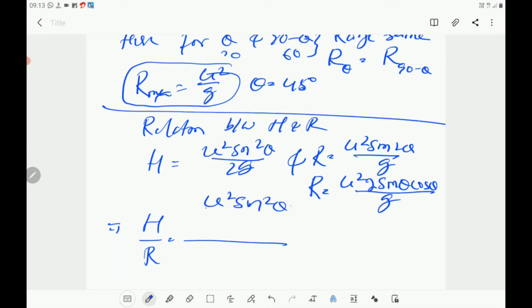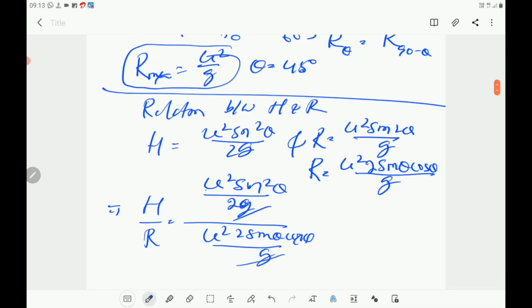For your confirmation, h is u square sin square theta divided by 2g. And what is r? u square 2 sin theta cos theta divided by g. Now g cancels, one term sin theta is gone, u square is gone. So it's sin theta divided by cos theta, and 2 twos are 4 in the denominator.